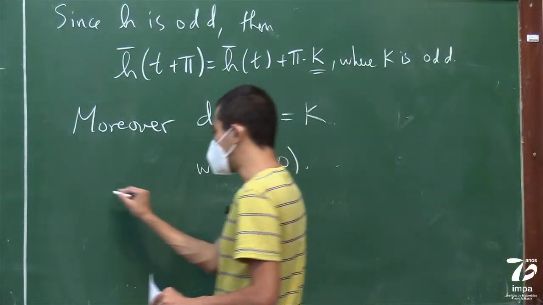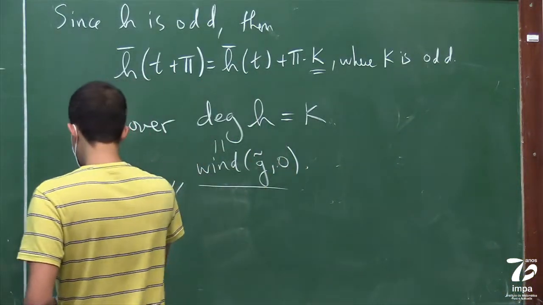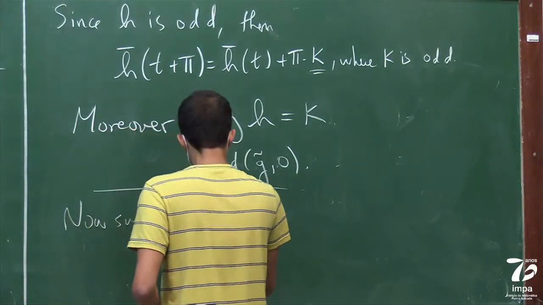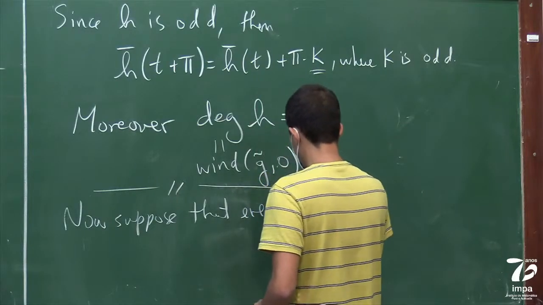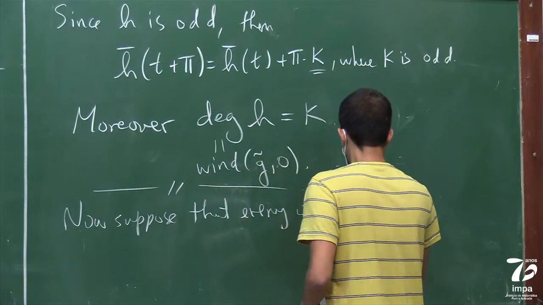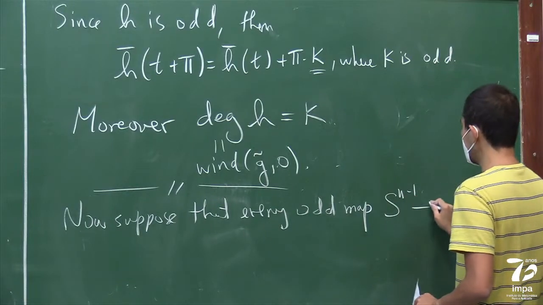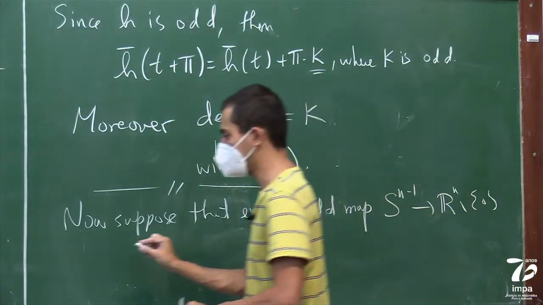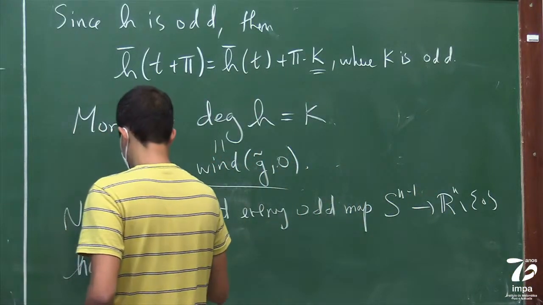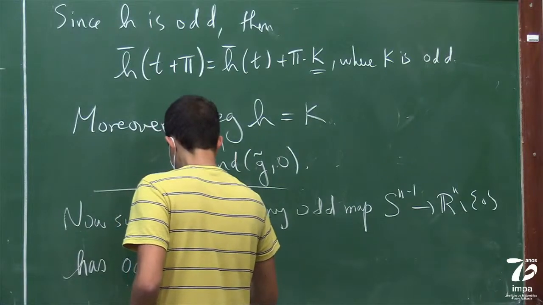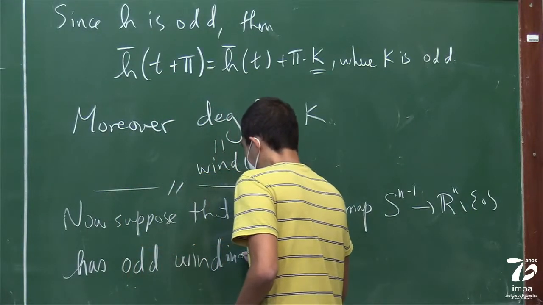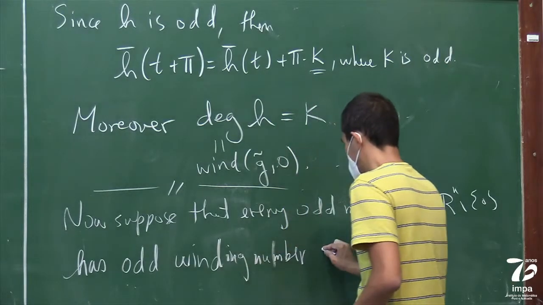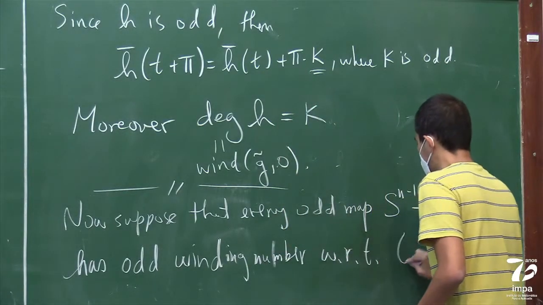Okay, so now let's suppose that every odd map from Sn minus 1 to Rn minus 0 has odd degree, or has odd winding number with respect to 0.